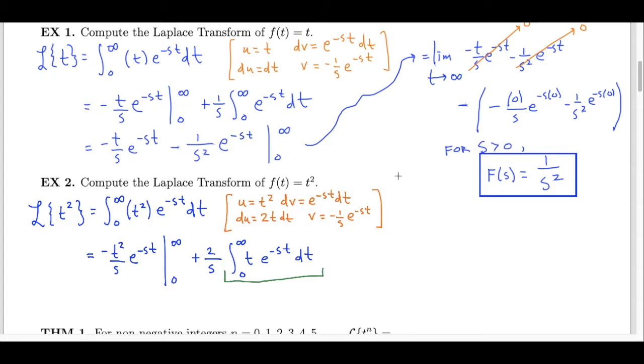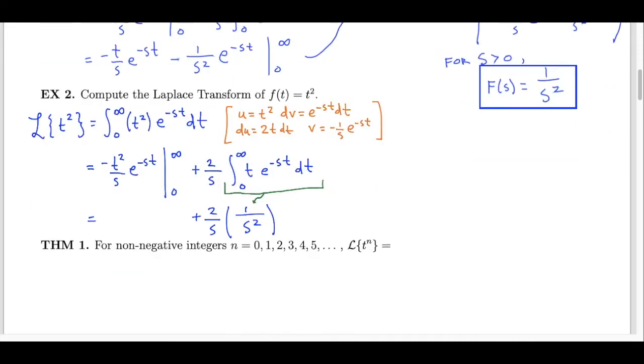So I've already evaluated the Laplace transform of t. I know that it comes out to be 1 over s squared, so long as s is positive. So I can make that substitution, and instead of trying to work through the details of this integral, just directly plug in 1 over s squared. And I'll just reiterate that that substitution is based on example 1. This integral is exactly the integral I evaluated in example 1.